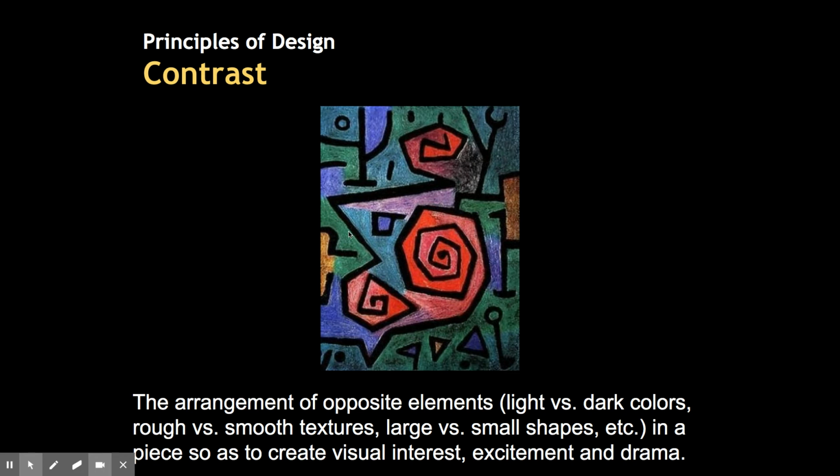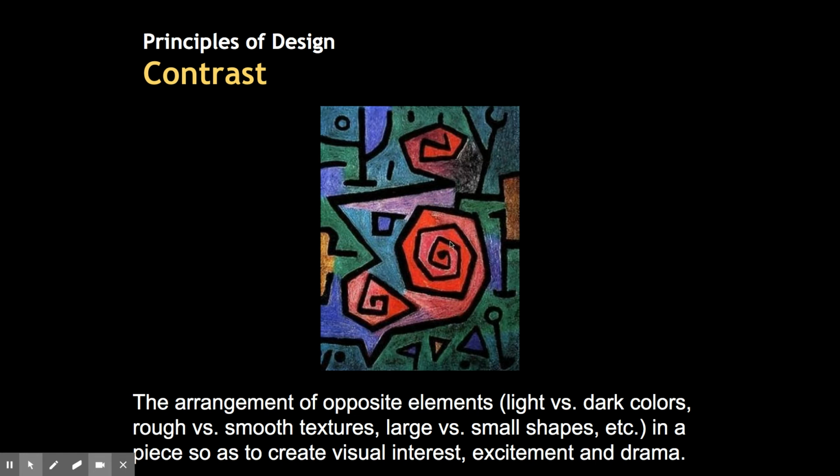Our eye is drawn to contrast, right? Contrast is the opposites, right? So putting two opposite elements right beside each other. So rough versus smooth, big versus small, bright versus dark. So you can see here, red and green are actually opposite colors in terms of color theory.